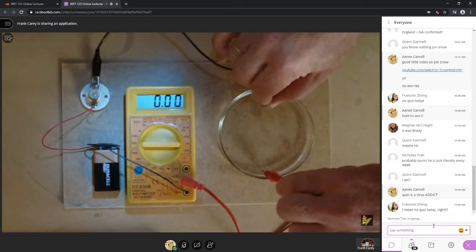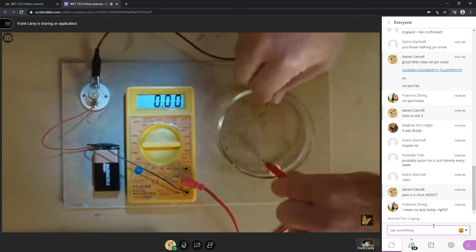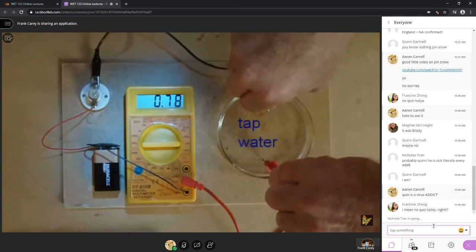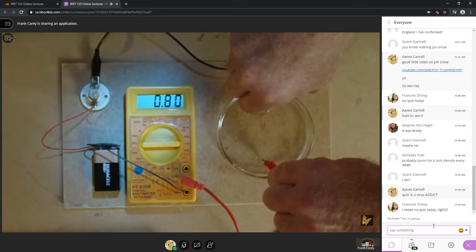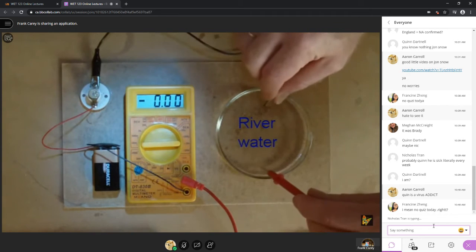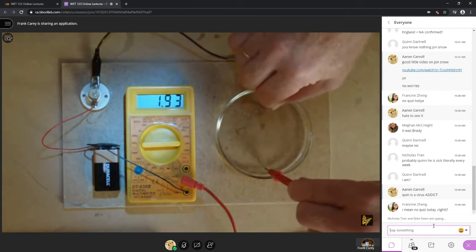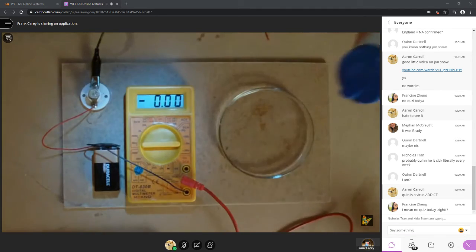So you can see that there is no conductivity in pure water. Tap water, of course, does have some dissolved solids, so a bit more conductivity. Far more dissolved solids in river water, groundwater, etc. So higher conductivity.